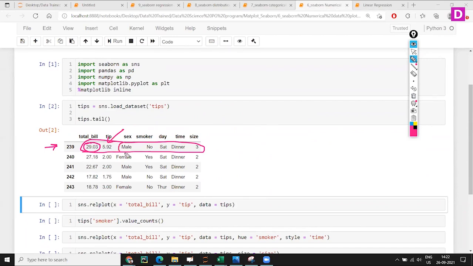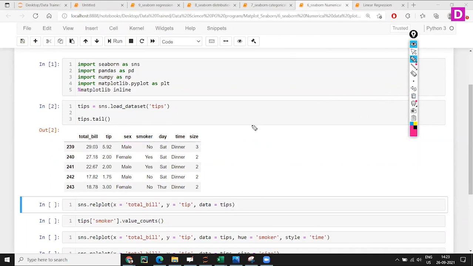The customer's gender is male, he was not a smoker, and he visited the restaurant on Saturday during dinner time, and he went with another 2 people, total 3. This is how you can interpret the data. Similarly for the next customer, and next. They have collected 244 visits of data overall.